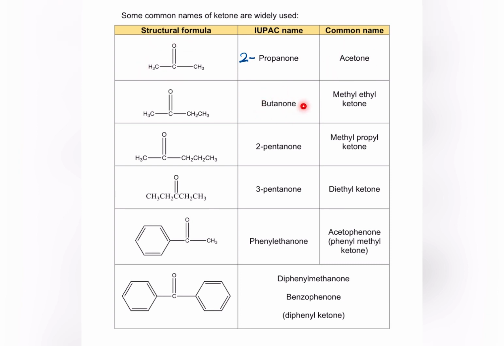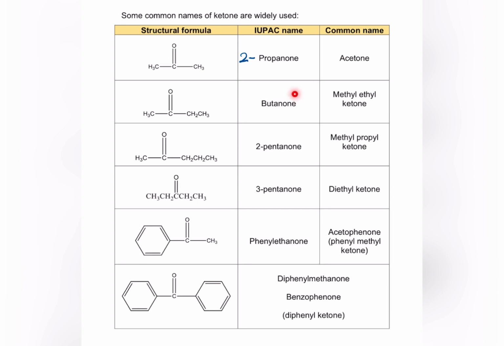For butanone, you can see that I didn't put the numbering because the carbonyl group must always be at the second carbon. So you can put 2-butanone or you just put it as butanone, also fine. But for the case 2-propanone, it can be another name which is 1-propanone. That's why I have to put the numbering.